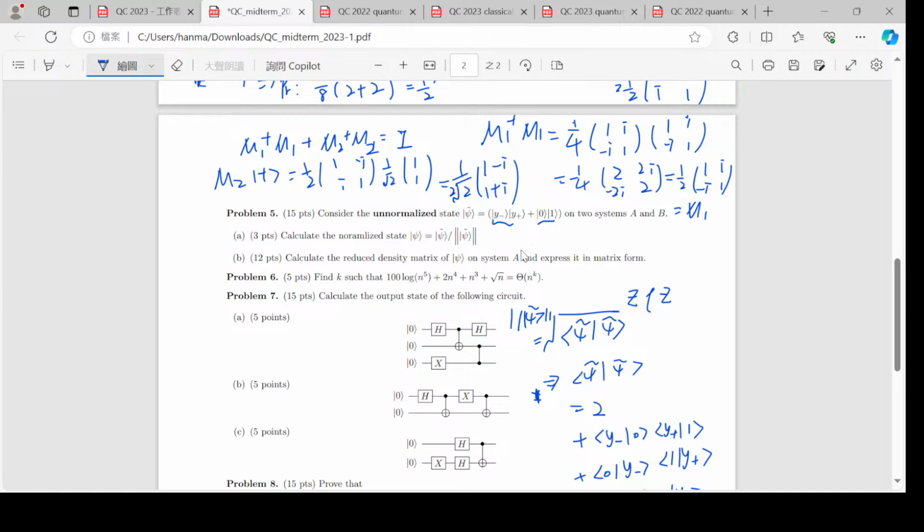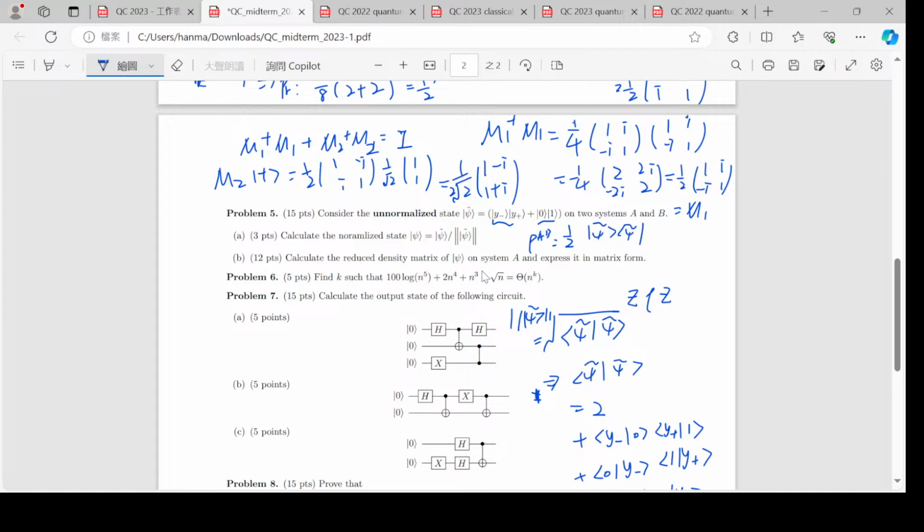So now we want to find the reduced density matrix on A. We have rho AB equal to the normalization factor 1 over 2 times psi tilde.